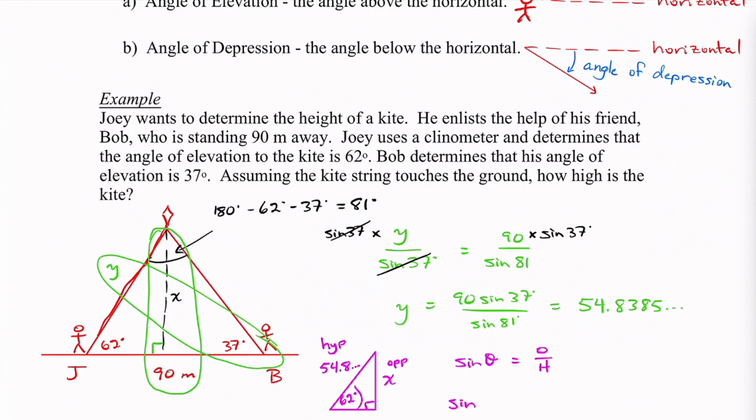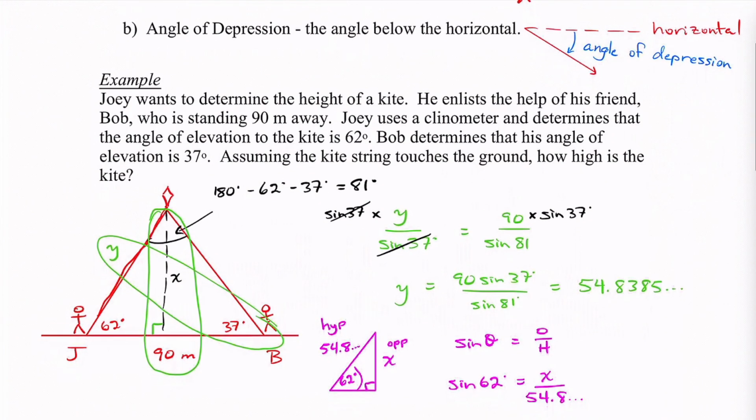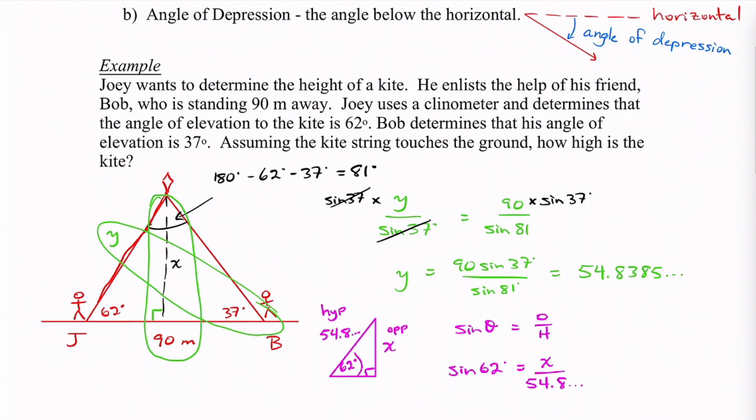I'm going to fill it in. So sine of 62 degrees equals opposite is x, hypotenuse is 54.8 dot dot dot. There's more decimals after that. And then I'm going to multiply on both sides by 54.8, and that's going to cancel there. And we do the same on the other side.